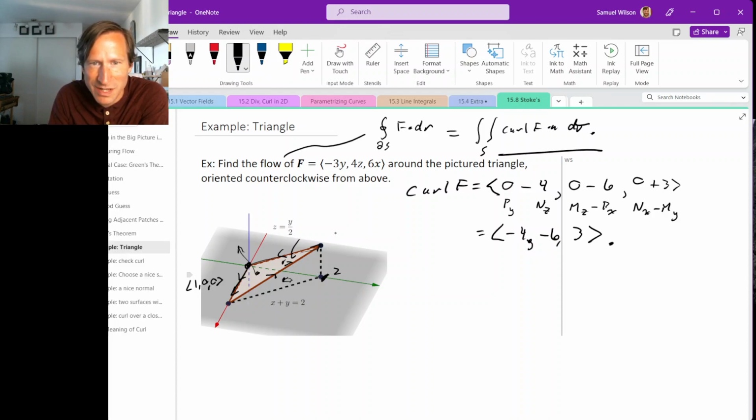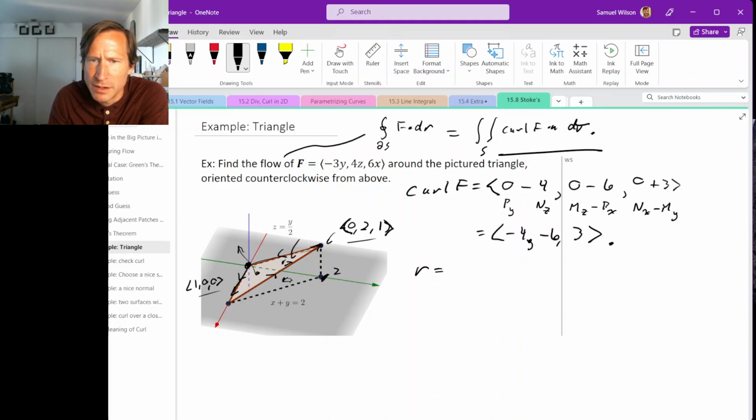So this point right here is 0, 2, 1, because z is half of y. That means this vector from the origin out to this point is also 0, 2, 1, just treating it like a vector.